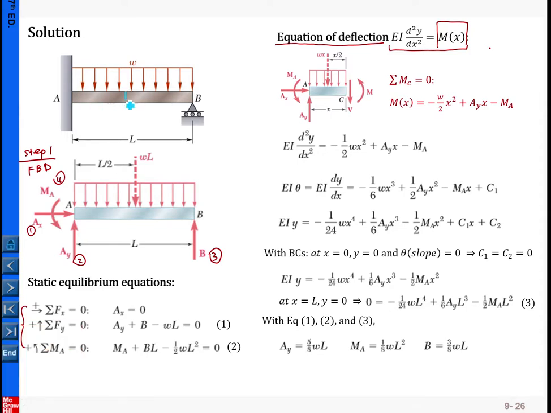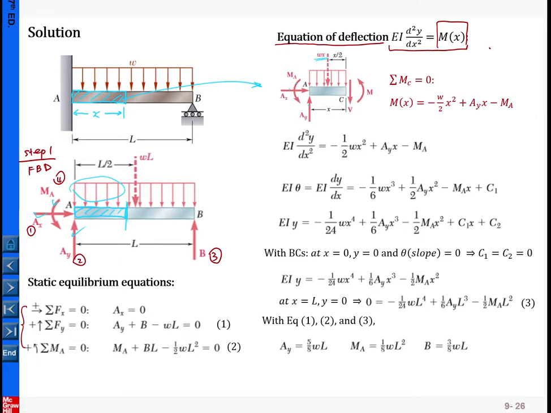If you pick this portion here, with distance x, this is the free body diagram you pick. From here we copy the 1, 2, 3 forces, and from this section we expect the V and M in that direction, and on the top we have the distributed loading.